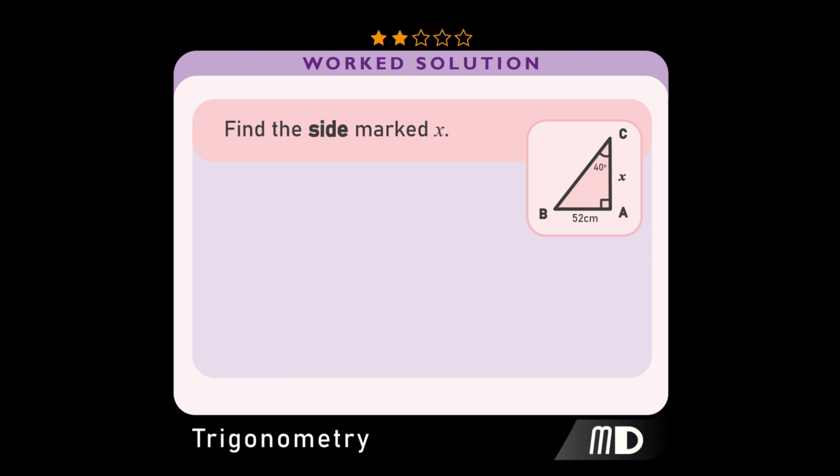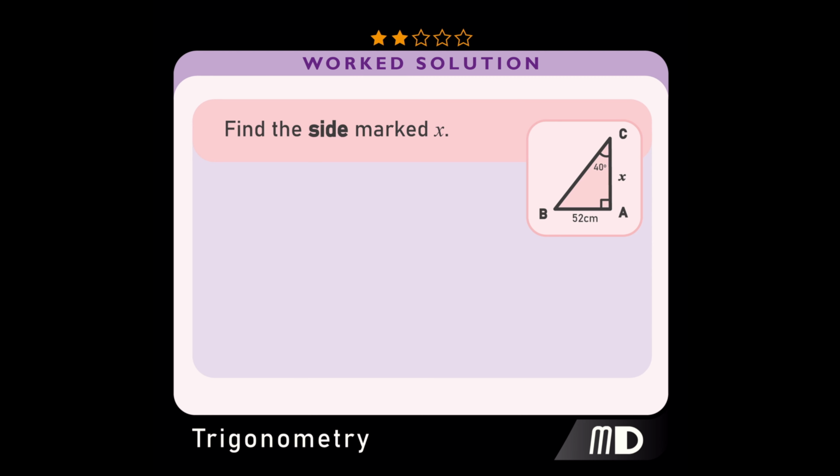First, we need to label the sides of our triangle: opposite, adjacent, and hypotenuse. Then, we need to decide which trigonometric ratio to use, based on the information we know and need to find. Before performing the calculation, to find the length of the missing side.